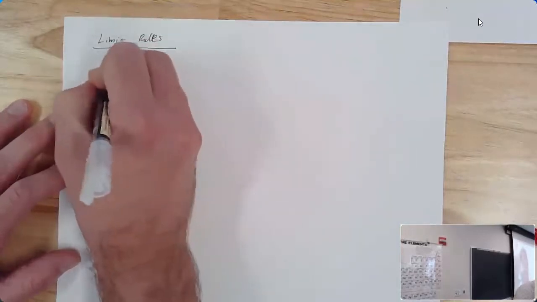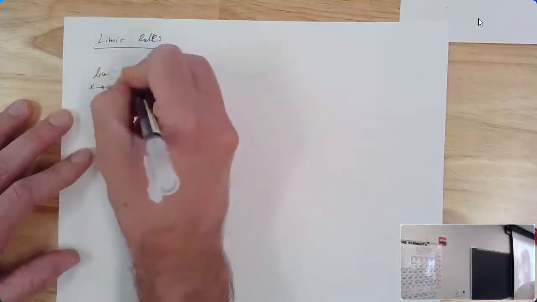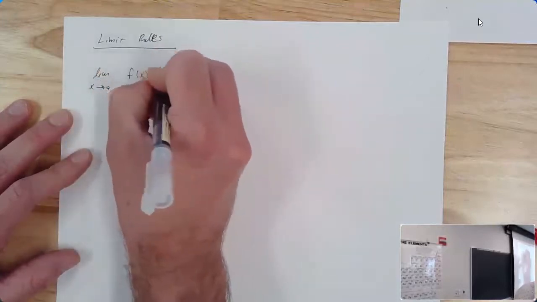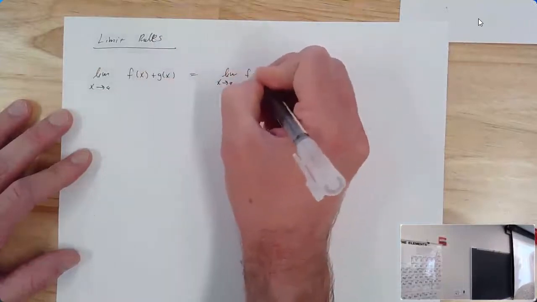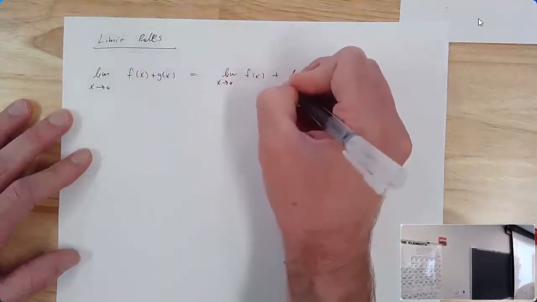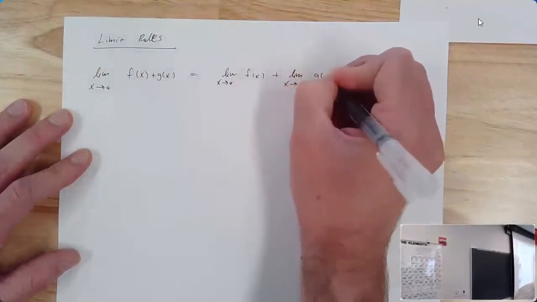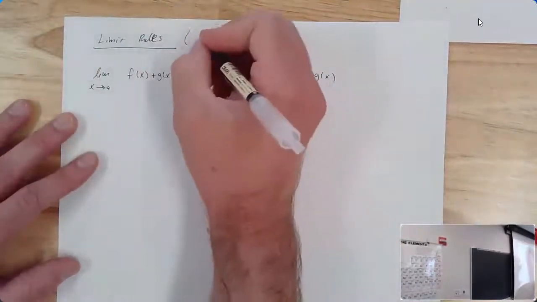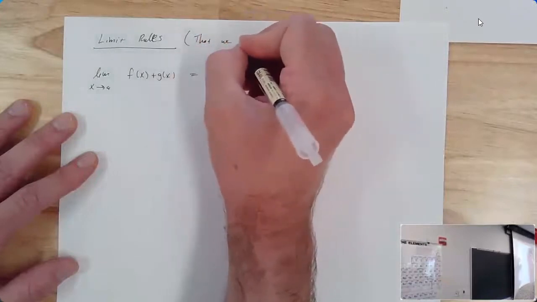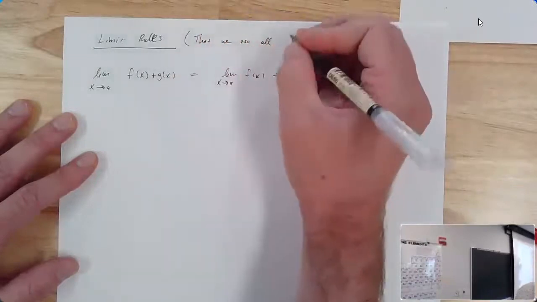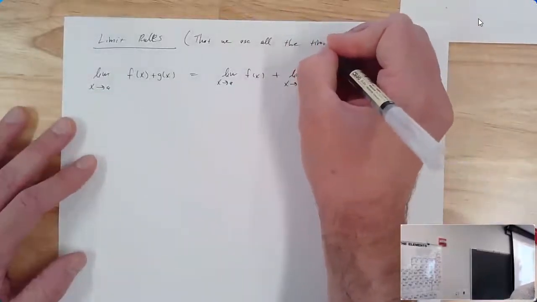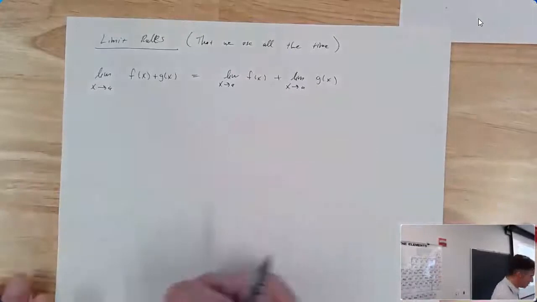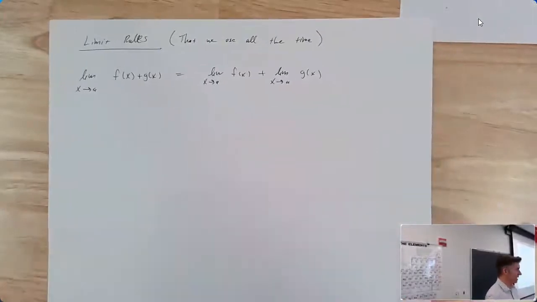The limit as x approaches a of a sum is equal to the limit as x approaches a of the first thing plus the limit as x approaches a of the second thing. Again, these are limit rules that we use all the time, but we often never actually state that we're using them.